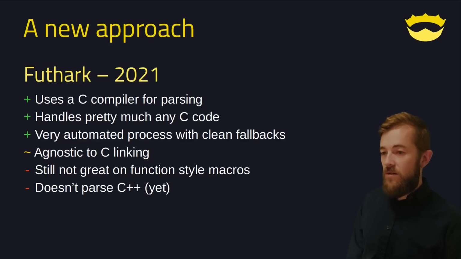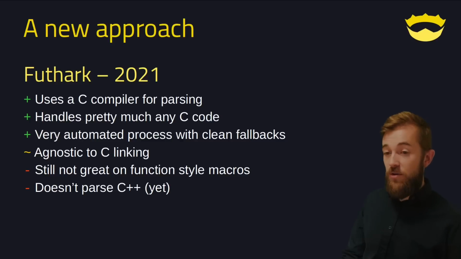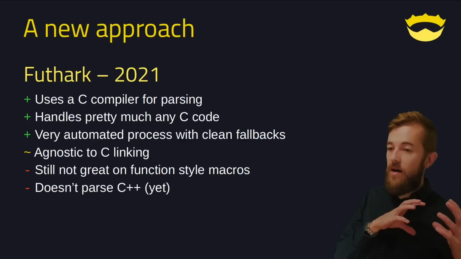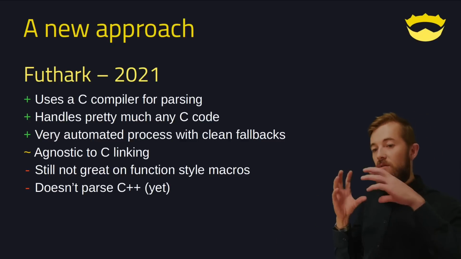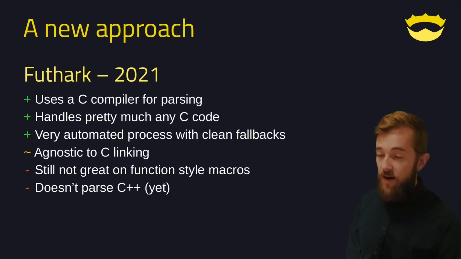But Futhark, or it parses C++. We're using a C++ compiler, so it parses C++ just fine, but I just haven't written the rules to convert C++ code into Nim code. I just haven't had the time. So if anyone wants to help out with Futhark, that is one big part that is still lacking for a full 1.0 version.